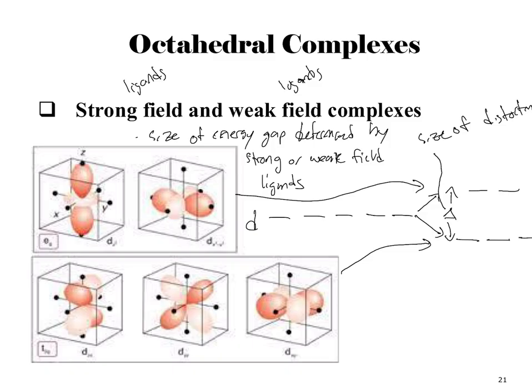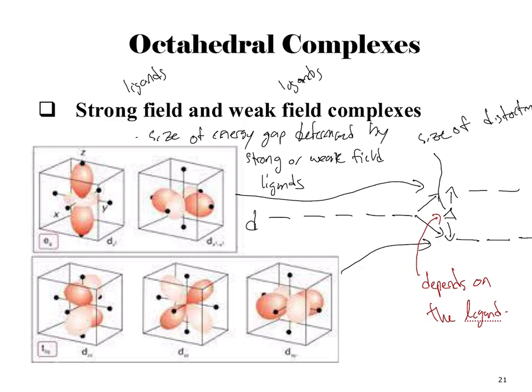And that means the energy difference between the splitting is either large or small. Right, so this energy difference depends on the size of the splitting. So this here depends on the ligand, or what type of ligands you have.